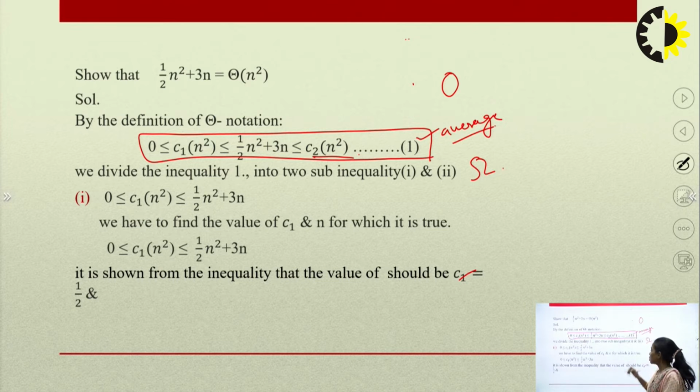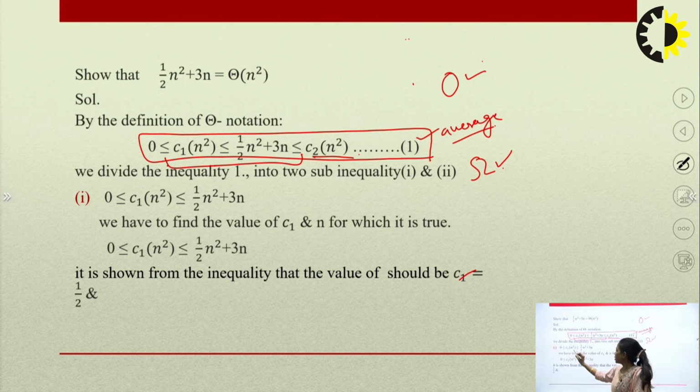So, to prove that it is big O and big omega, we divide this inequality into two parts. Part 1, and in the next slide we show you part 2. Part 1 is this equation.